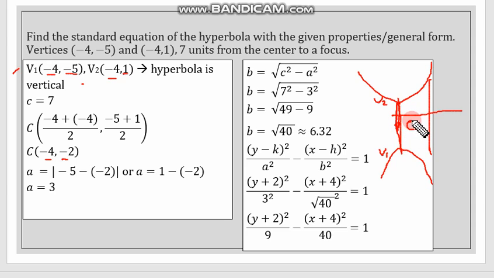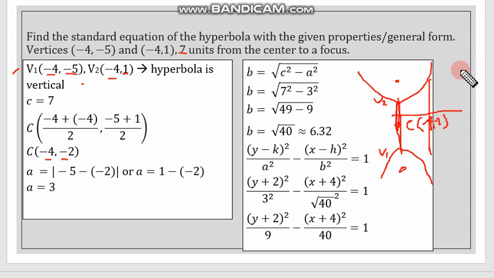So the center is (-4, -2). From the center to a focus, that's 7 units. So we expect the foci to be above and below the center.